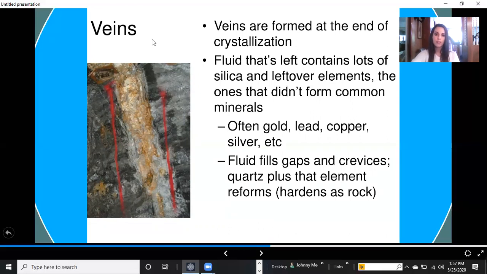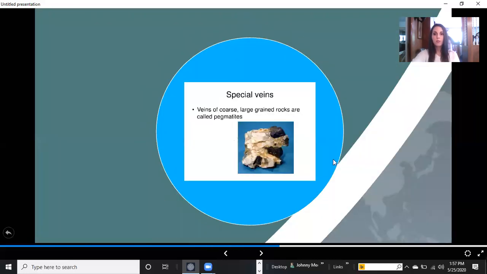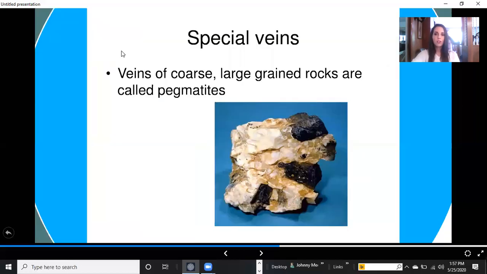So that's where the veins come in with igneous rocks. And then special veins. Veins of coarse, large grained rocks are called pegmatites. So you can see here, they're bigger, and they can be a good source of some trace elements because they are larger.